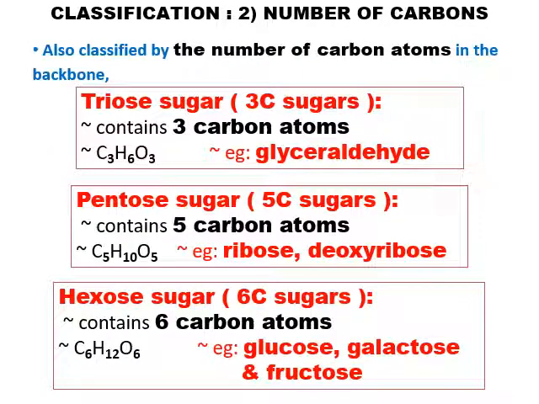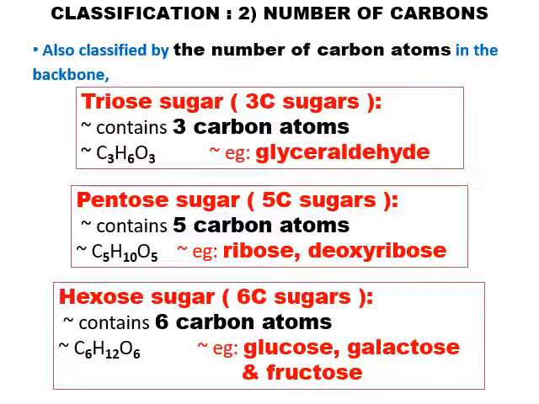For the classification of monosaccharides based on the number of carbon atoms in the backbone, we can divide monosaccharides into three groups: triose sugar, pentose sugar, and hexose sugar. If there are 3 carbon atoms in the backbone, it is known as a triose sugar, for example, glyceraldehyde.